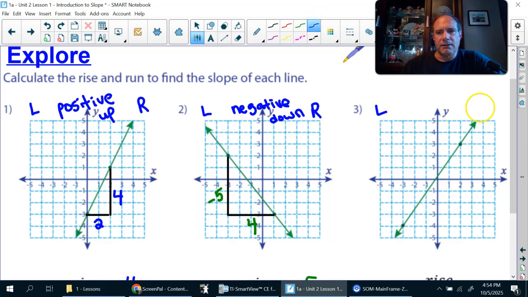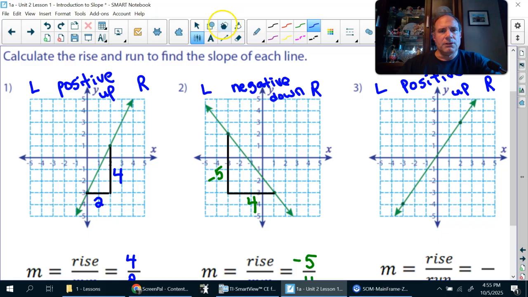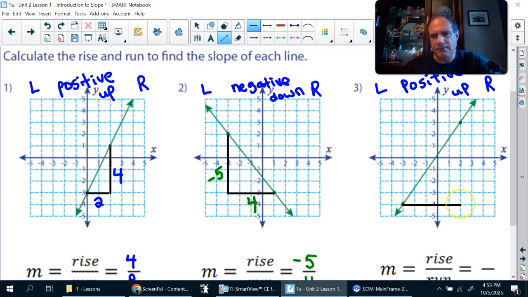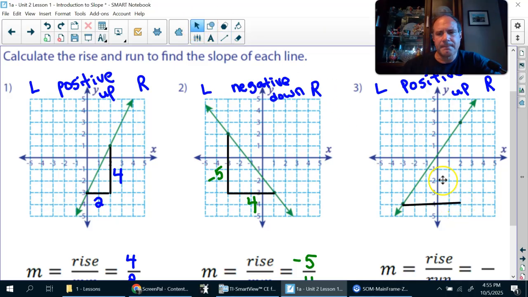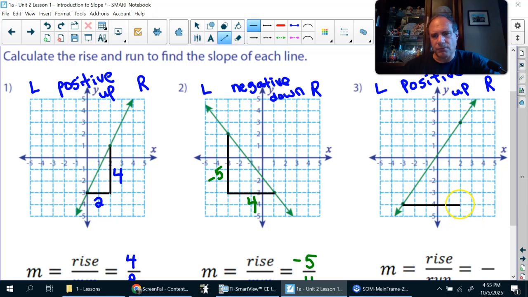We are going to put L and R for this one, and from left to right it goes uphill. If it goes uphill, this is going to be a positive slope. We are connecting those 2 perfect points, just like this. We're going to stop there, horizontal, and then go vertical all the way up to this point.